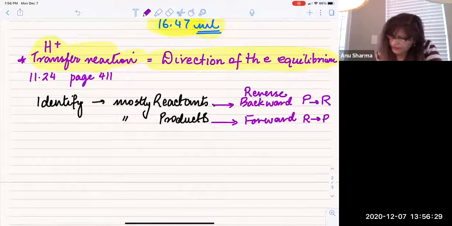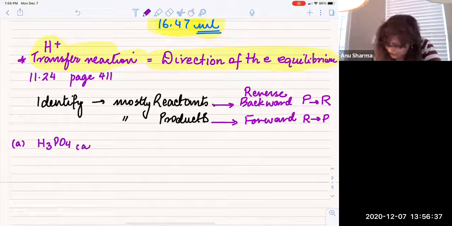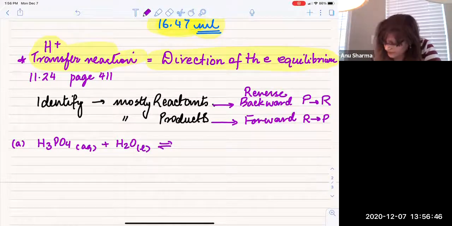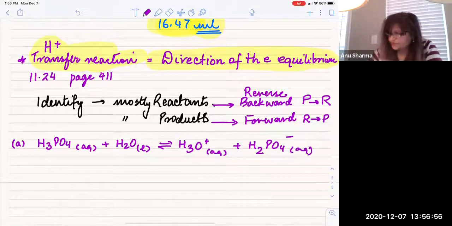Okay, now let's look at this reaction here. One, you are given H3PO4, and this is aqueous, and this is reacting with water, and that is in a liquid state. And here's your equilibrium, and here's your hydronium ion, and this is aqueous, and you have H2PO4 negative, and we know this is the base.